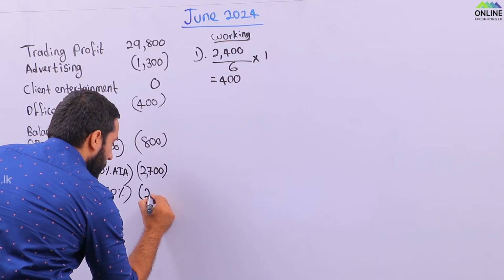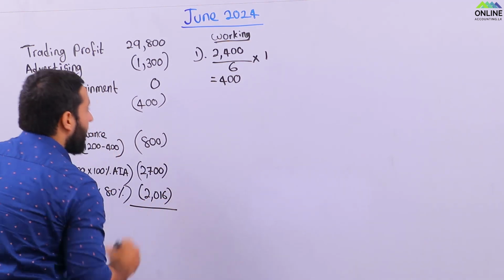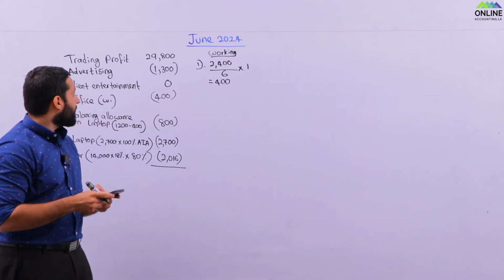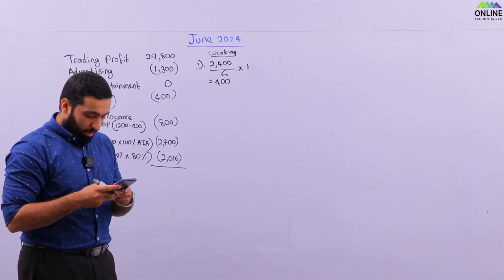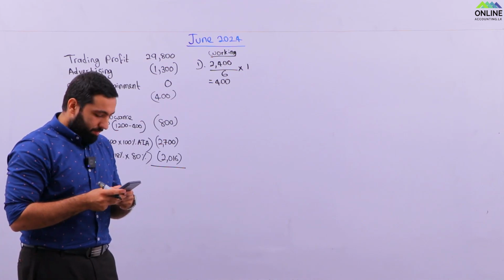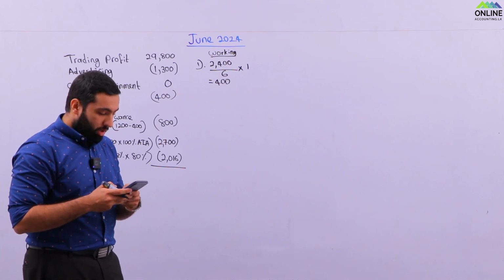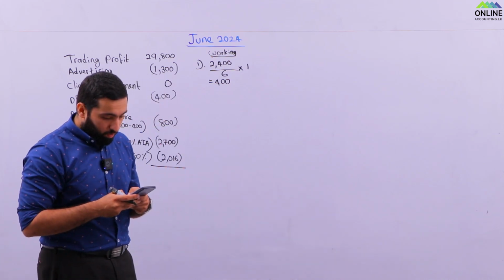Okay, so 2016 is your final value, and then this will give you, how much is it? Yes, 29,800 minus 1,300 minus 400 minus 800 minus 2,700, and then you reduce finally 2016.